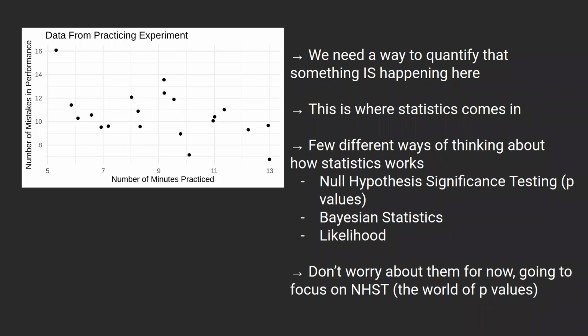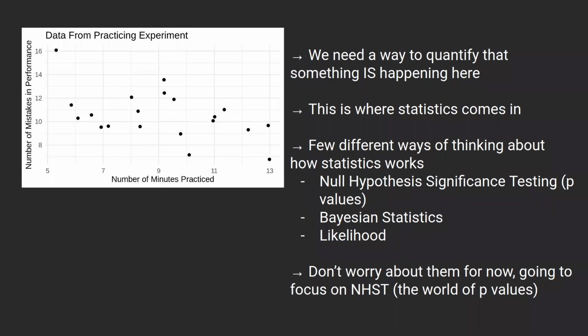Now, there's not just one school of statistics. There's a few different ways to think about this. I tell you this not to overwhelm you, but to let you know that there's never just one way to go about doing things. One school of thought is the world of null hypothesis significance testing. If you've ever seen people complain about p-values or try to interpret p-values, that's one specific school that thinks data analysis should be done in a very specific way.